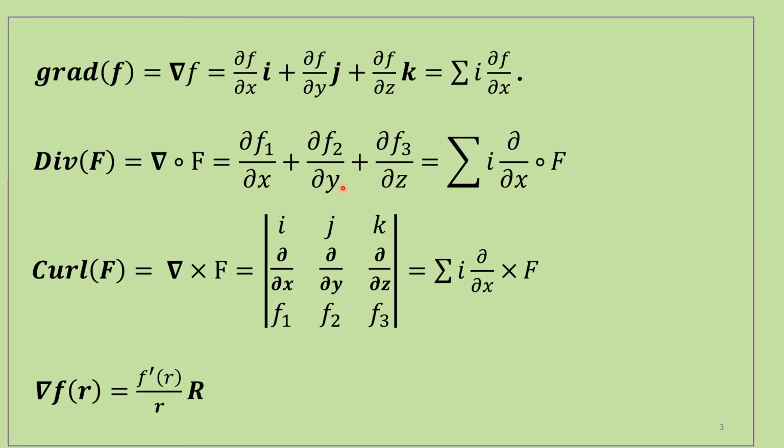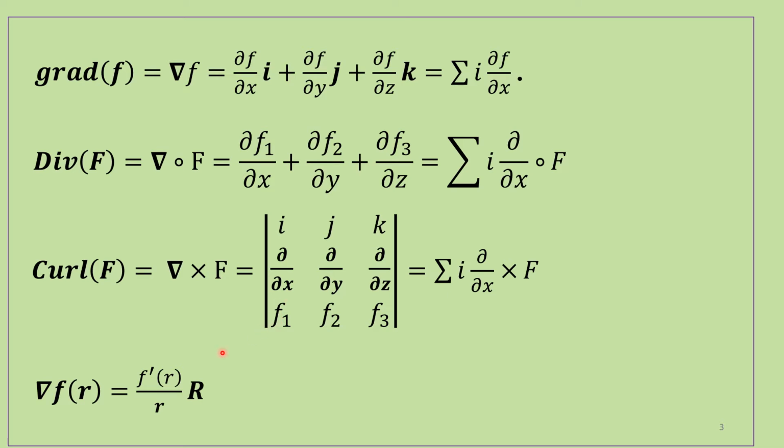Here onwards, while proving the identities, I use this Σ i ∂/∂x dot f. Similarly, curl f we can write as Σ i ∂/∂x cross f, correct? So del cross f is Σ i ∂/∂x cross f.